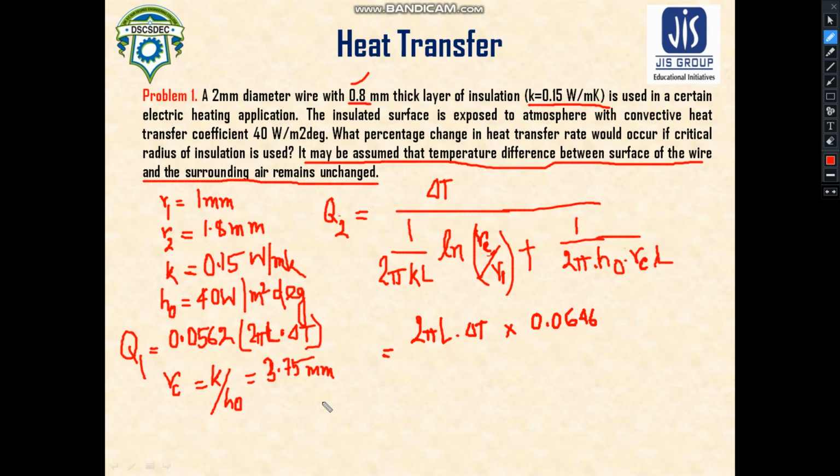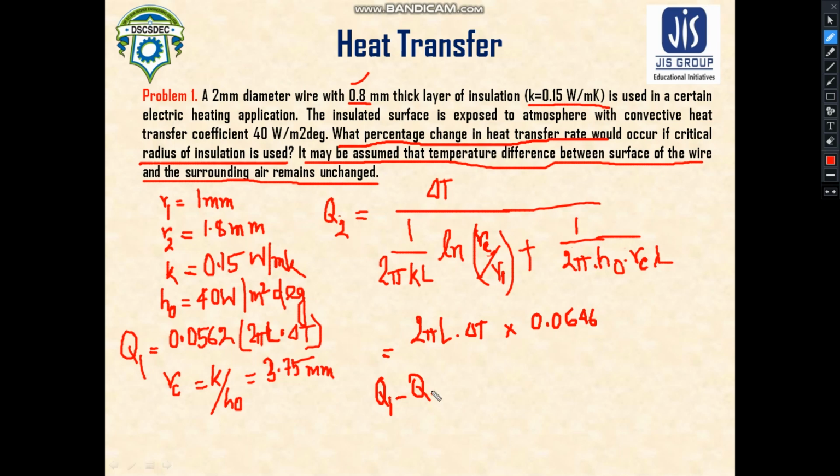So this is the heat transfer rate when the critical radius of insulation has been provided. Now what is the change? Our question is to find what percentage change in heat transfer rate would occur if the critical radius of insulation is used. So simply we can do this.